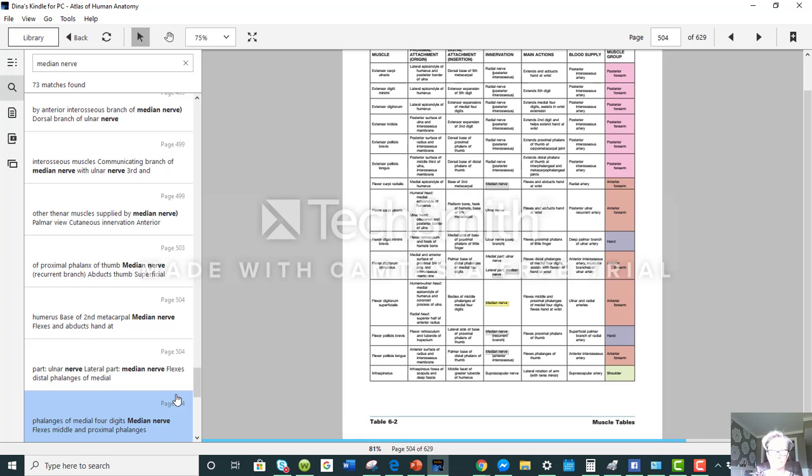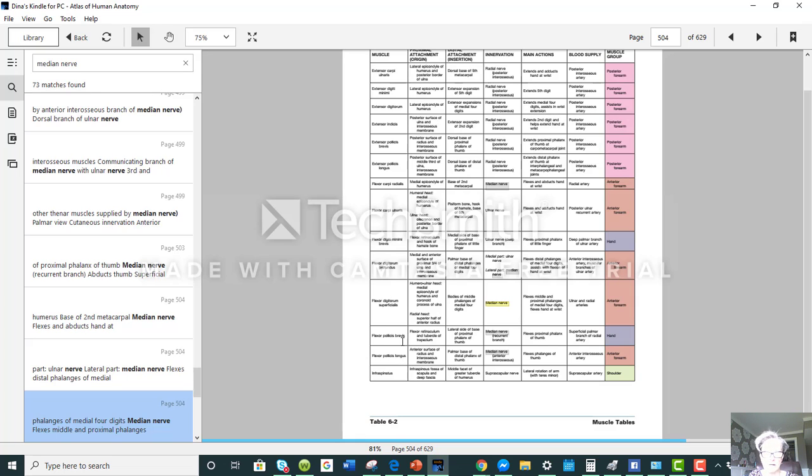Okay. So the flexor carpi radialis, the flexor digitorum profundus, the lateral part, the medial part is the ulnar nerve. The lateral part is the median nerve. The flexor digitorum superficialis is the median nerve.